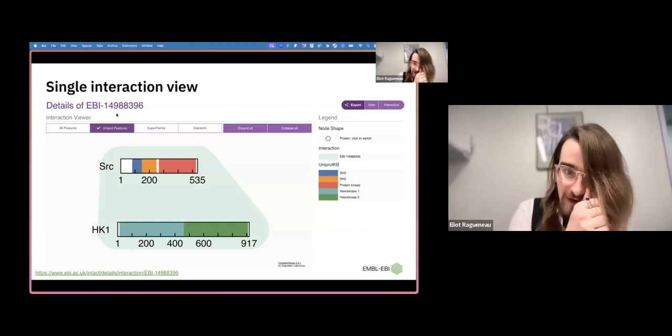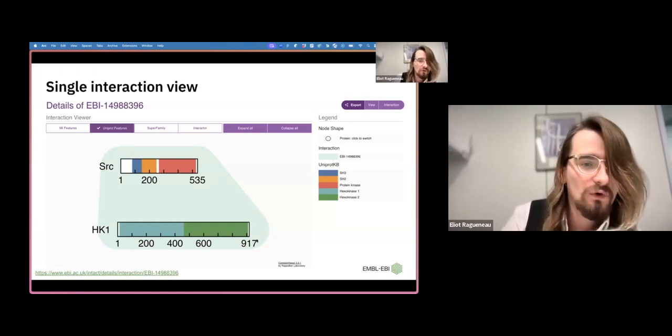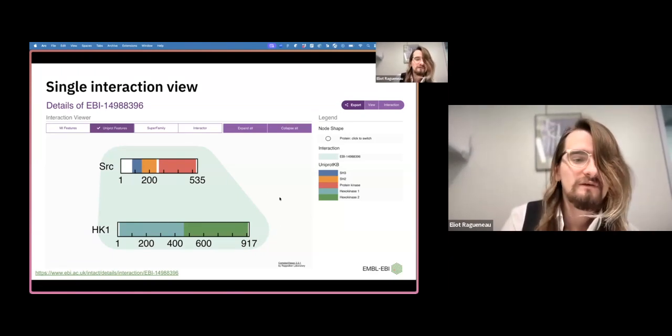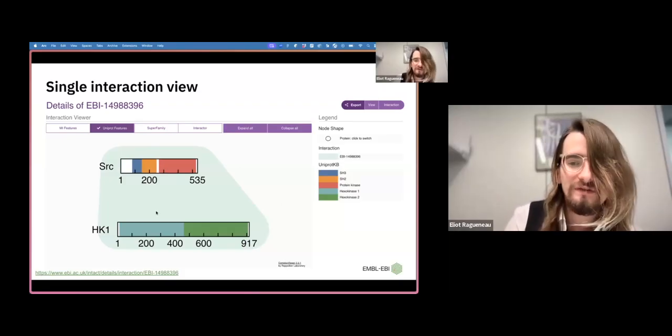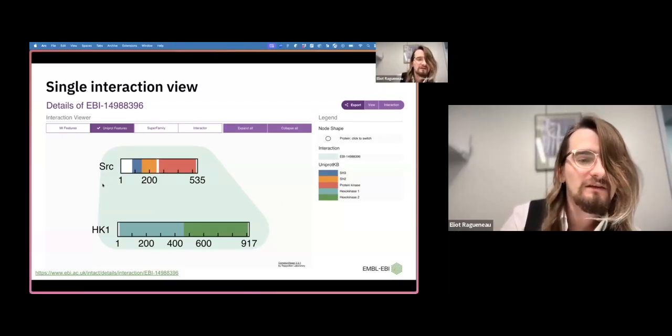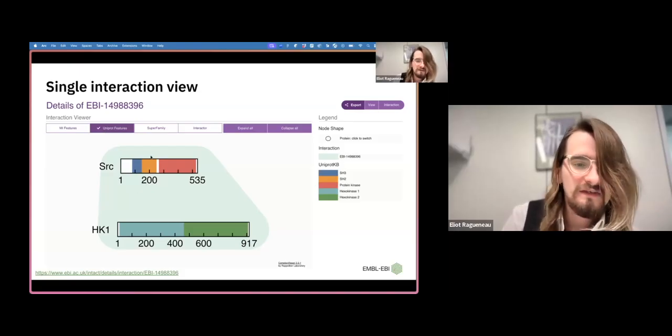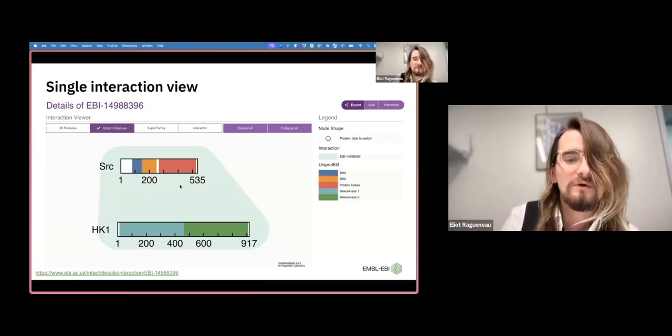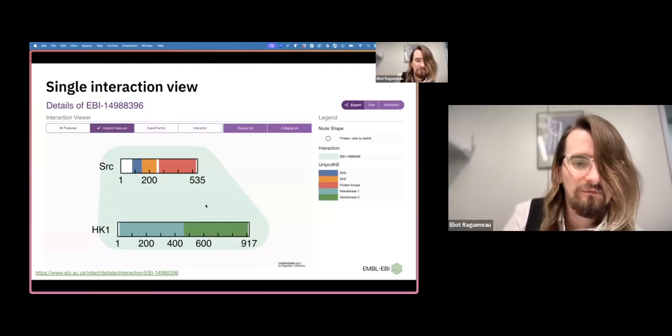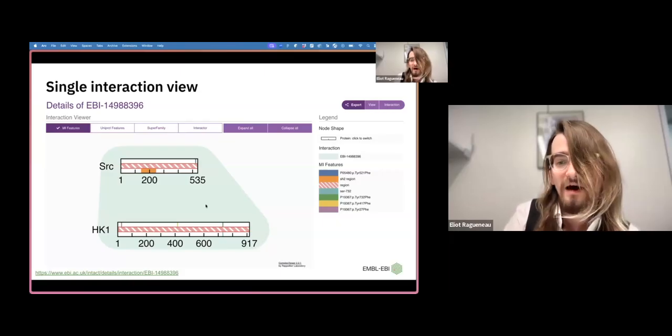It has a little identifier and this really nice viewer, which allows you to see the different interacting partners and what was observed on them. For instance, by default, we are loading UniProt features on them, and you can see here within their sequence what is happening within the different domains of the proteins. You can also load MI features.